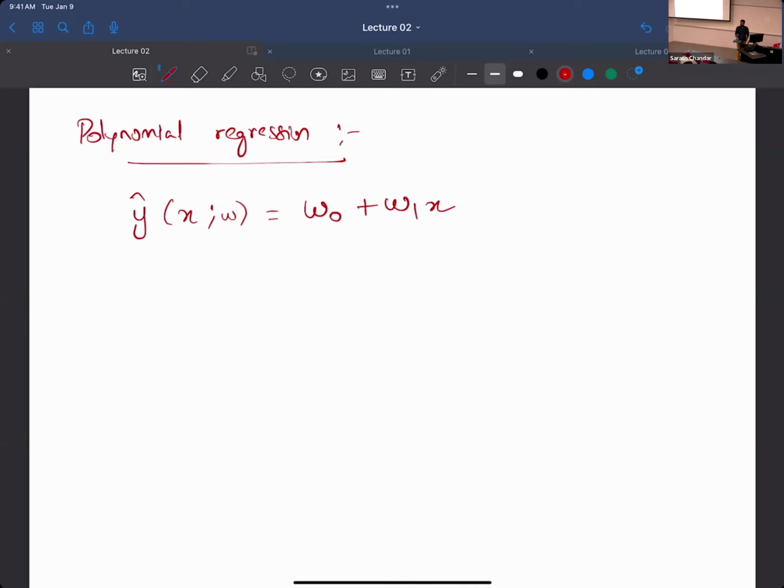This was my linear model, right? The linear model had degree up to 1. I'm just going to add higher order degrees, like so, plus W2x squared. Let's say we add up to degree m, Wm x to the power m.